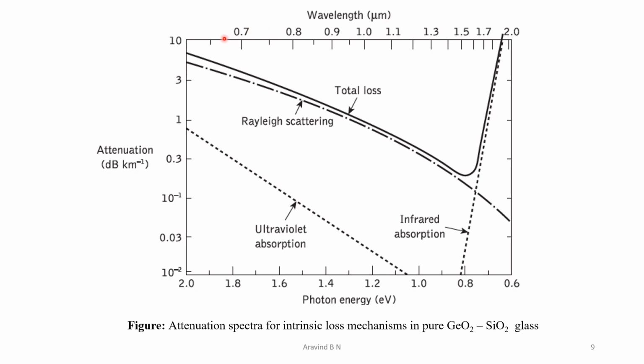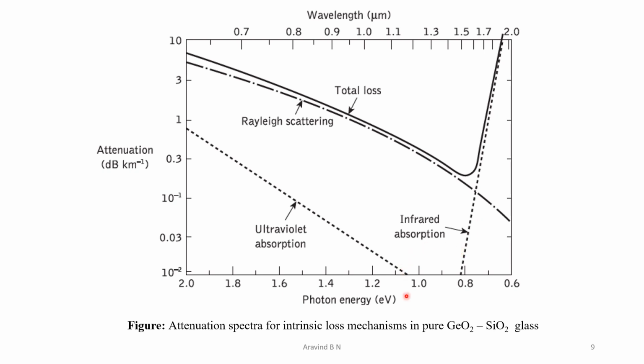We can observe that at the lower values of the wavelength, the ultraviolet absorption will be at the peak, and somewhere close to 2 micrometer, the infrared absorption is at the peak. As I told you previously, between the range 0.8 micrometer up to 1.7 micrometer, the amount of absorption will be quite less.